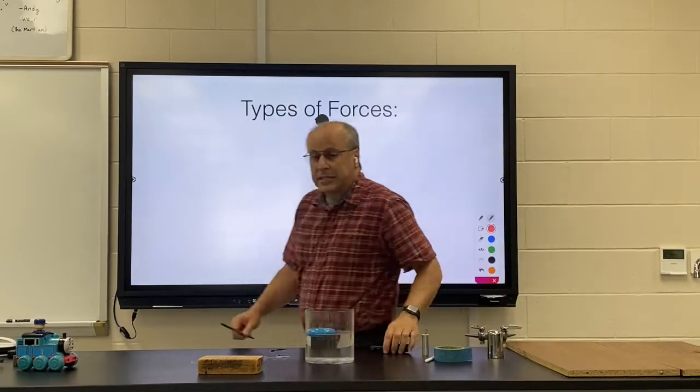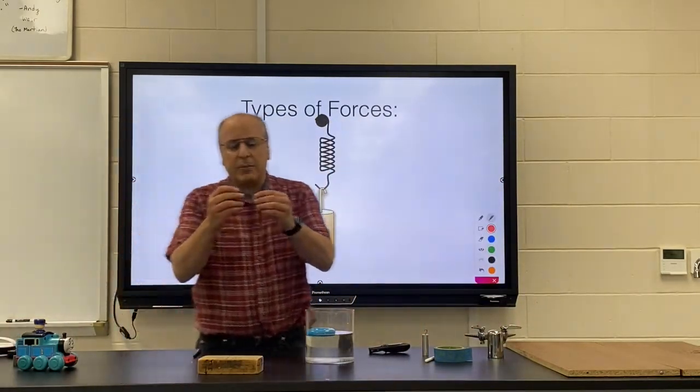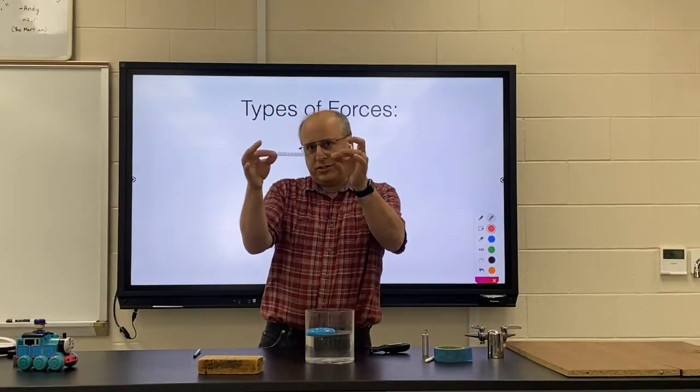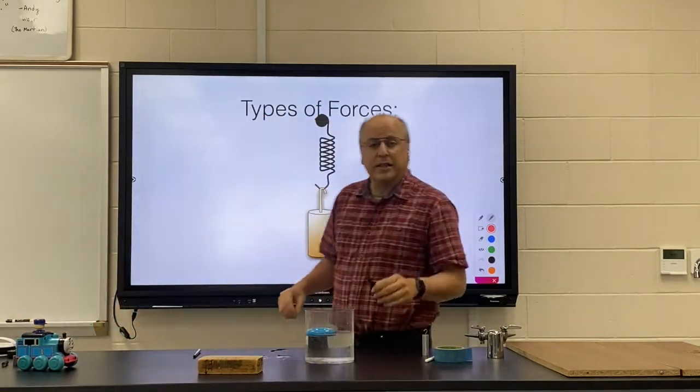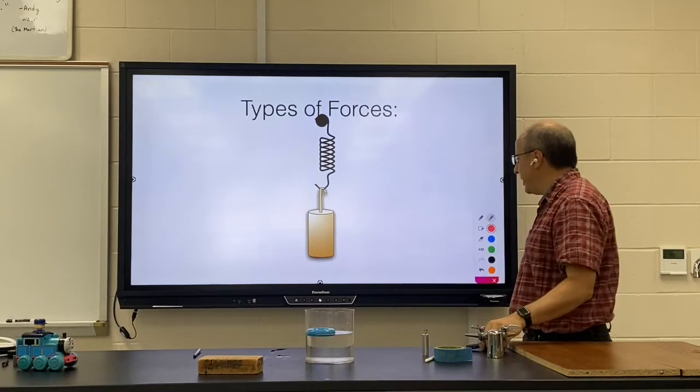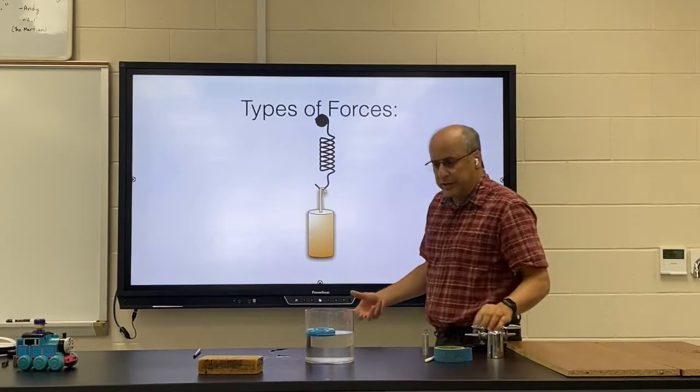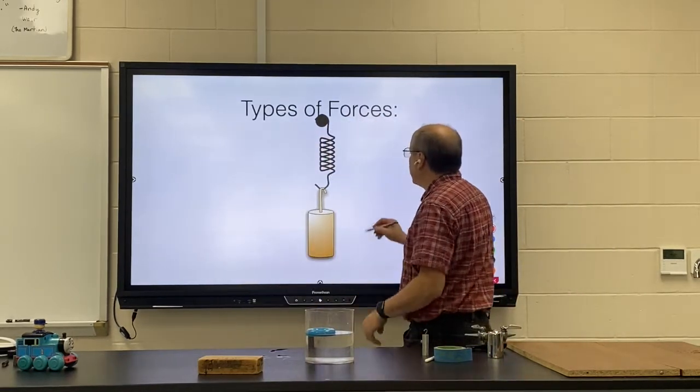We have elastic forces. Anytime we have an object that can stretch or compress, anytime you change the shape of an object and it snaps back to its original shape, that's force elastic.